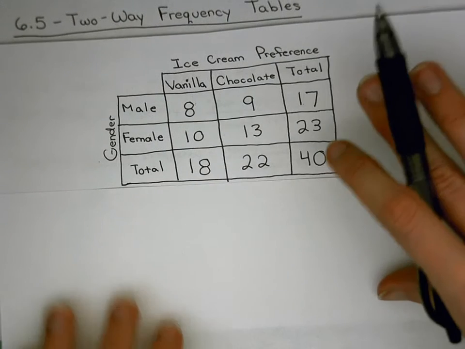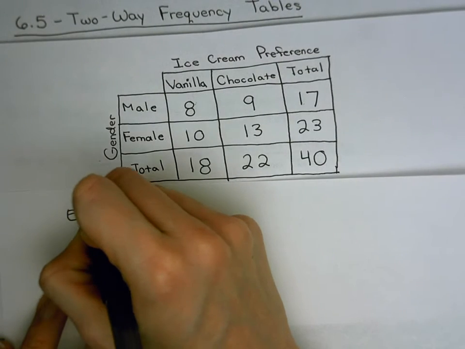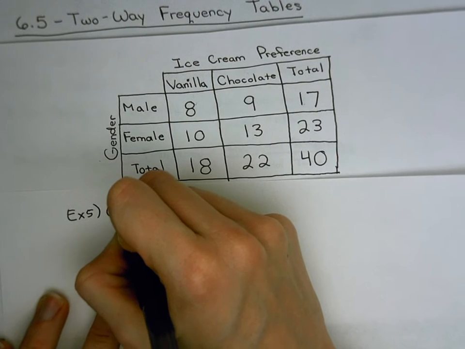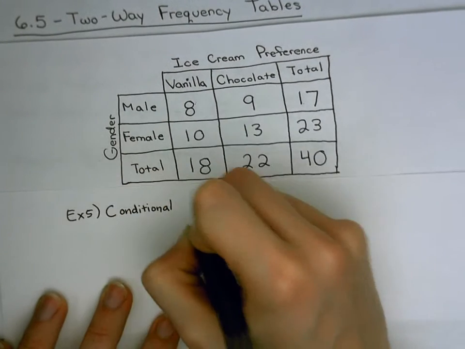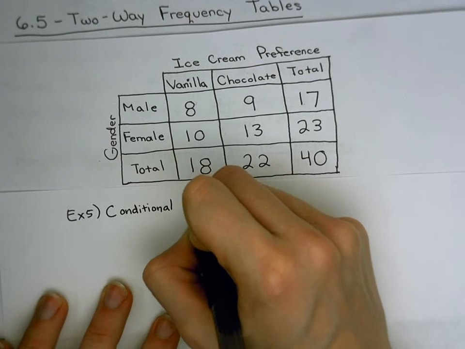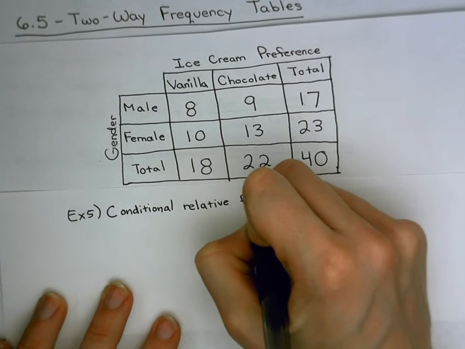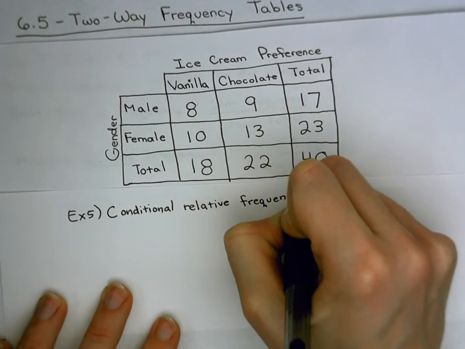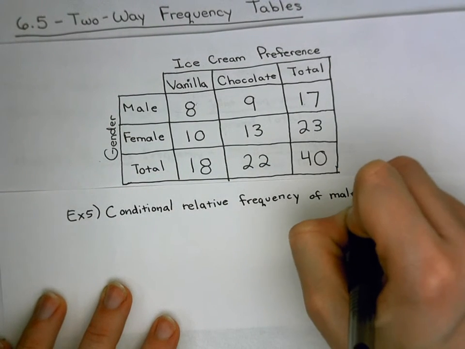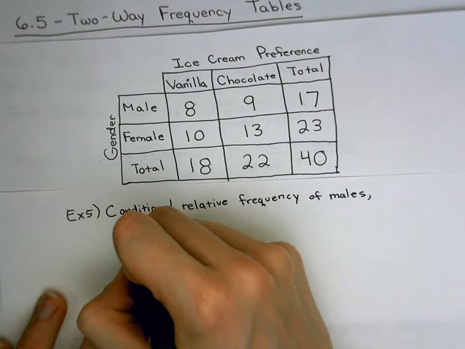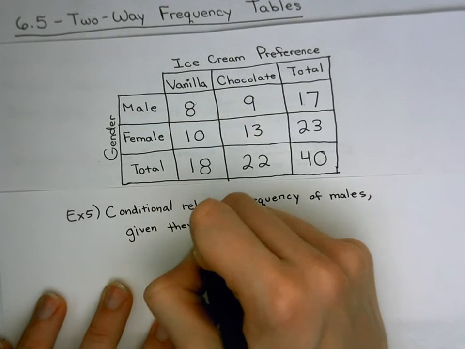You're on example 5. Okay, what is the conditional relative frequency of males given they prefer vanilla?